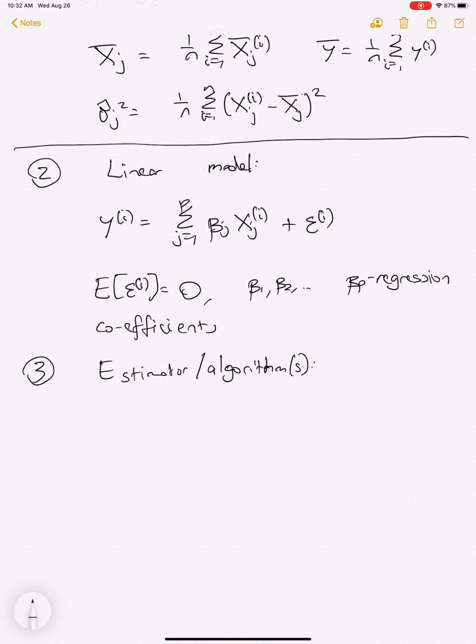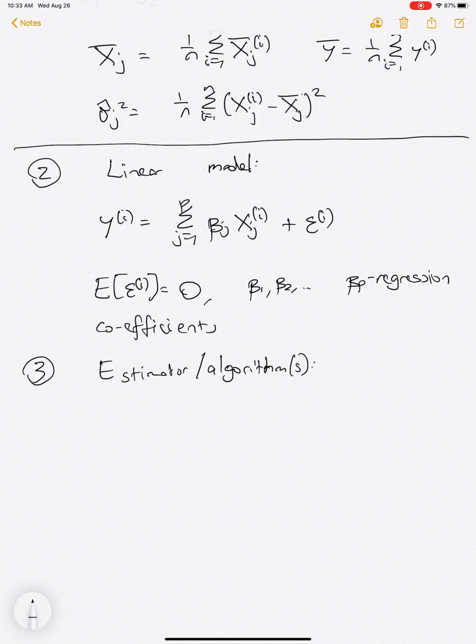Now I'm going to talk about the estimator, the algorithm. What's a way that we can generalize what we saw in the simple linear regression case to the multivariate regression case? That's where the least squares perspective that I introduced is pretty nice, because it gives us a simple way to generalize.